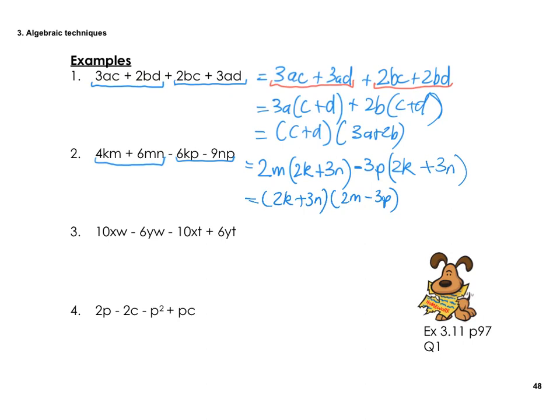Question 3. Again, same deal. Common factors. Actually, we want a minus as well. So 10xw and 6yw. 10 and 6 would be 2. We also have a w, so 2w, 5x. Then we want to minus that.